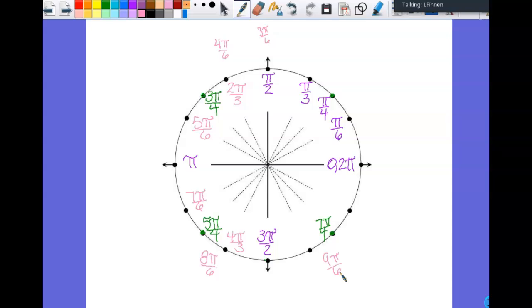This is 7 pi sixths, 8 pi sixths. No, that's right. 9 pi sixths, which reduces down to 3 pi halves. So then this is 10 pi sixths, which is going to give me 5 pi thirds. Then this gives me 11 pi sixths, and it doesn't reduce, and then 12 pi sixths.